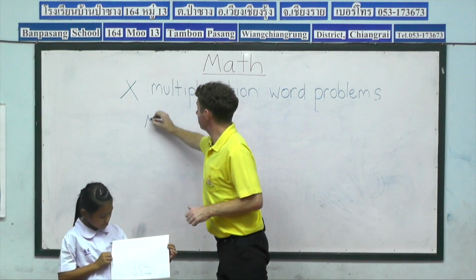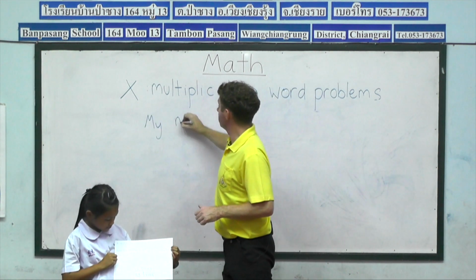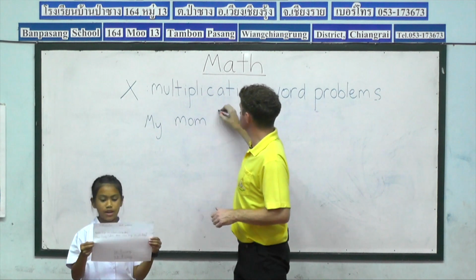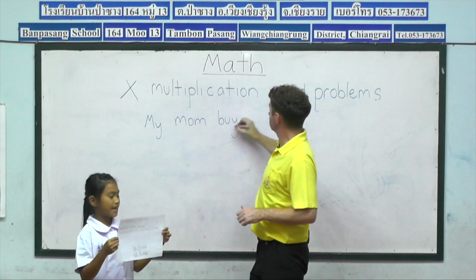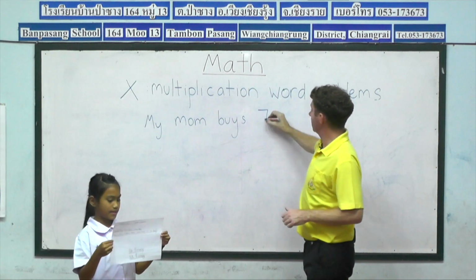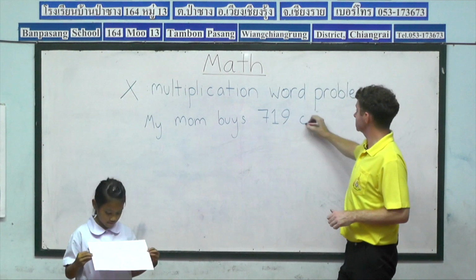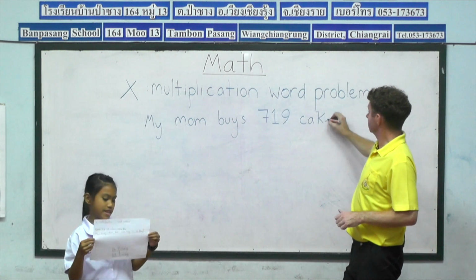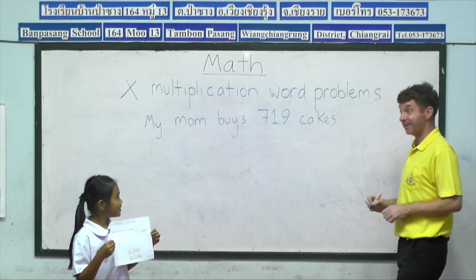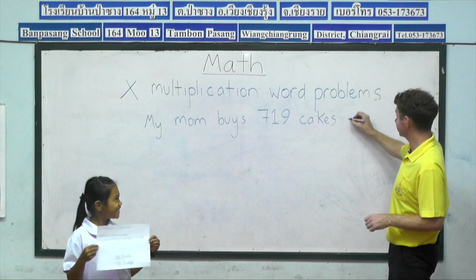My mum buys 719 cakes. Wow, every day, 719 cakes.